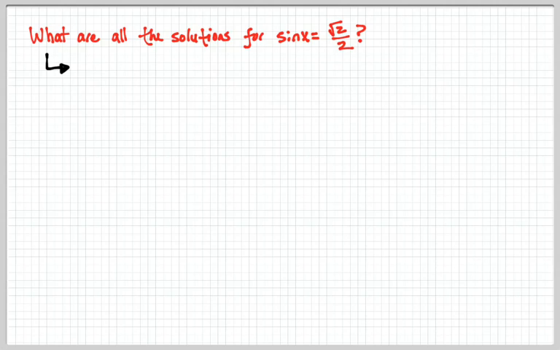What are all the solutions for sine of x equals rad 2 over 2? And to look at this, we're going to look at two different representations.